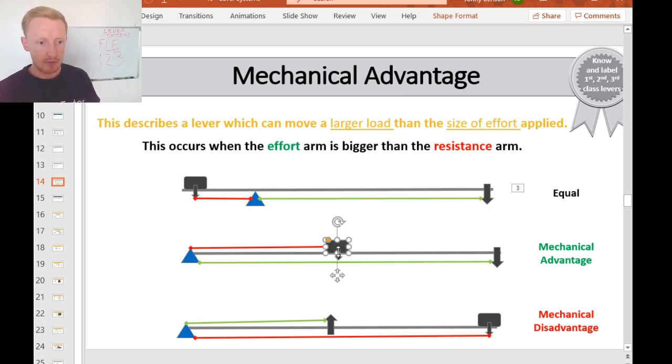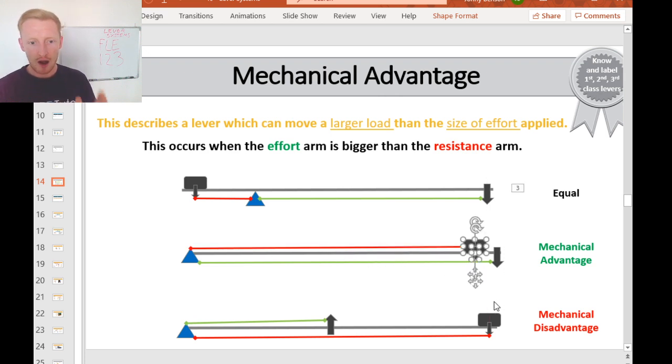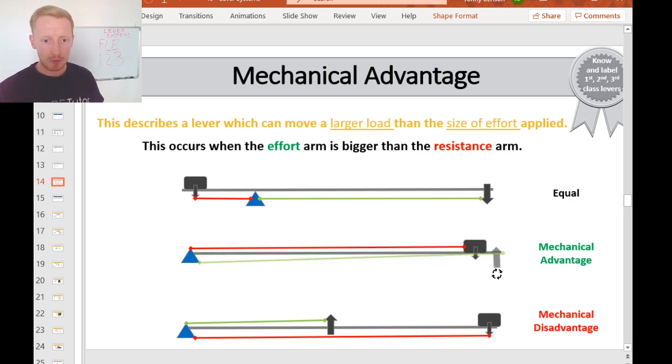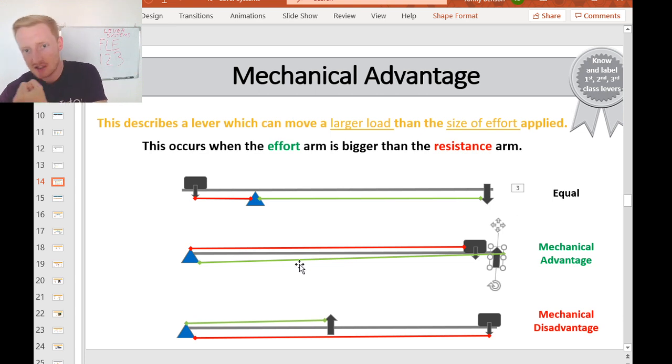If we were to move FLE 1, 2, 3, if we were to change the shape of this second class lever system, even if the load was all the way up the other end of the plank and we applied a force upwards, well, we still got a bigger effort arm than we have the resistance arm. So we're still going to be able to move more weight than we actually need to apply force into the lever with.